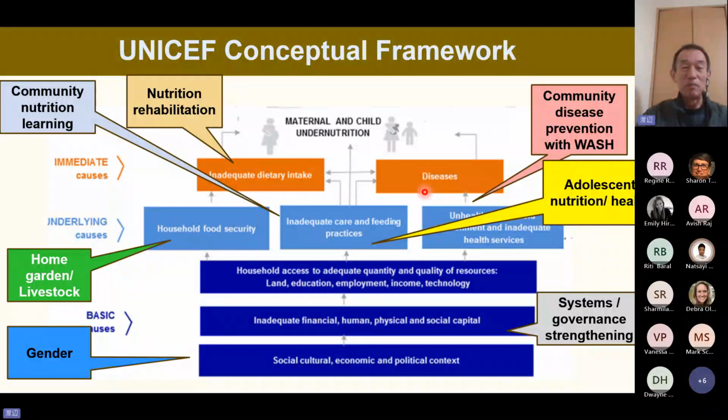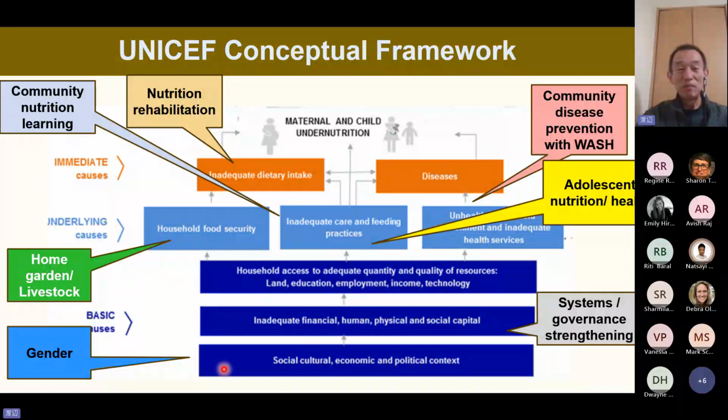Below this level, we have 3 underlying causes, which are household food security, care and feeding practice, and access to health service and sanitary environment. Those 3 underlying causes are mostly at household or community level, and they are very important factors, particularly for prevention of malnutrition.